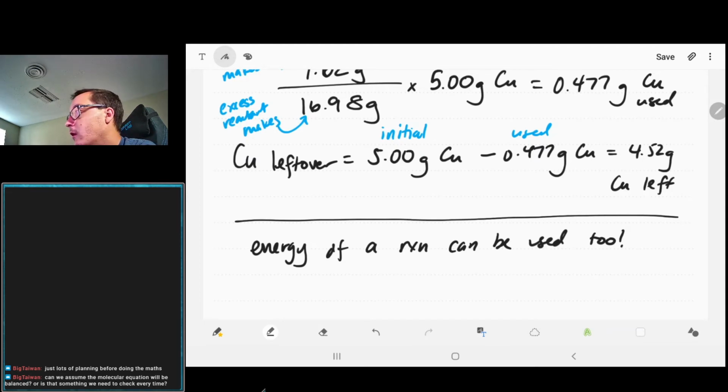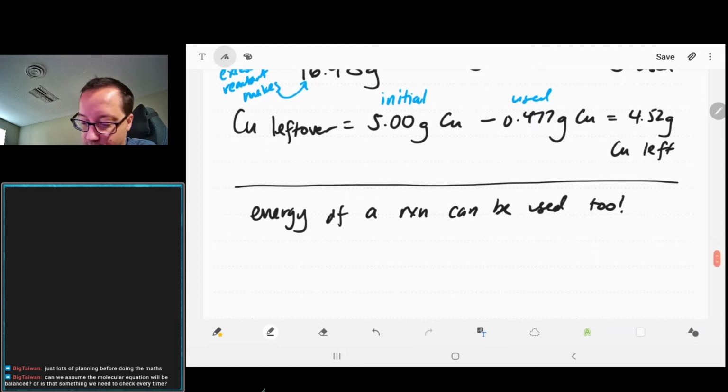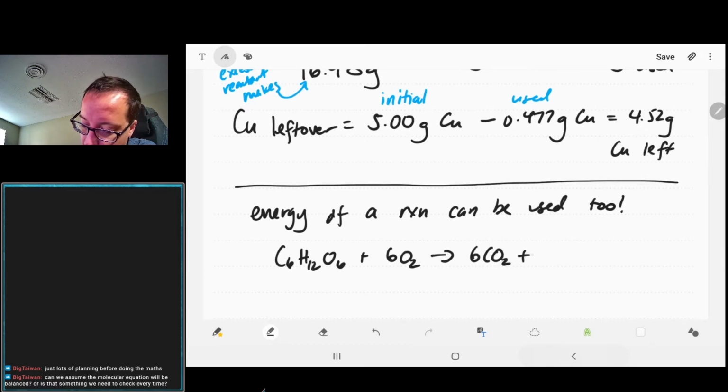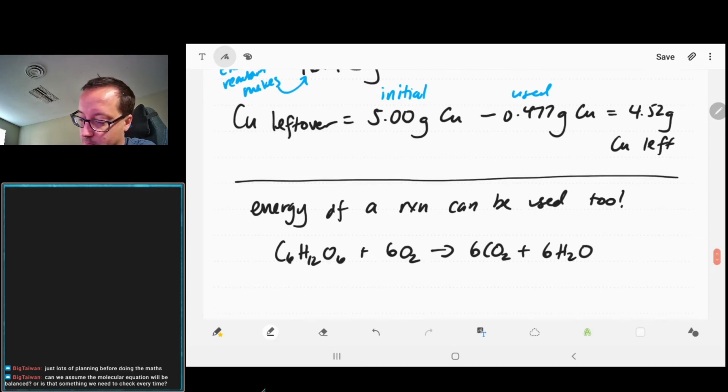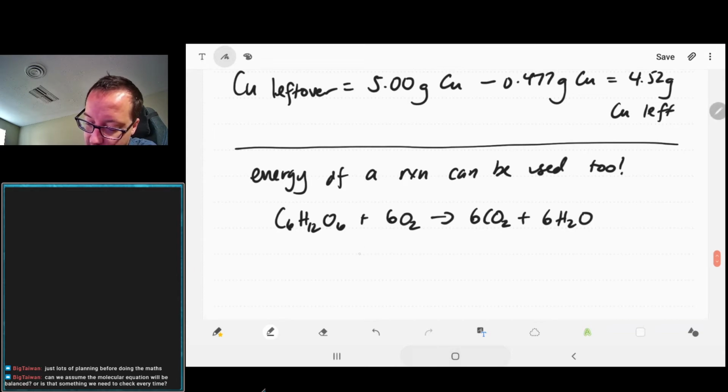So if we have some glucose being burned, or otherwise used up, oftentimes for reactions, as you will come to dread next semester if you continue on taking 111, you can have delta H's for reactions too.